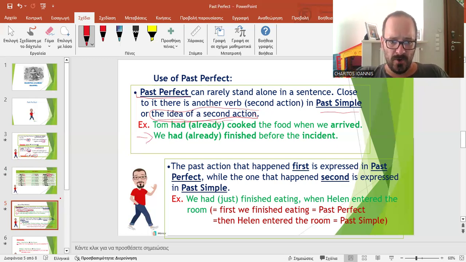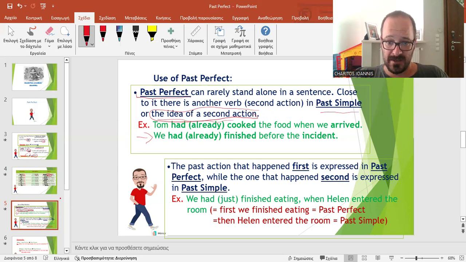The second box here describes what I just told you. So the past action that happened first is expressed in past perfect, while the one that happened second is expressed in past simple. So we had just finished eating when Helen entered the room.